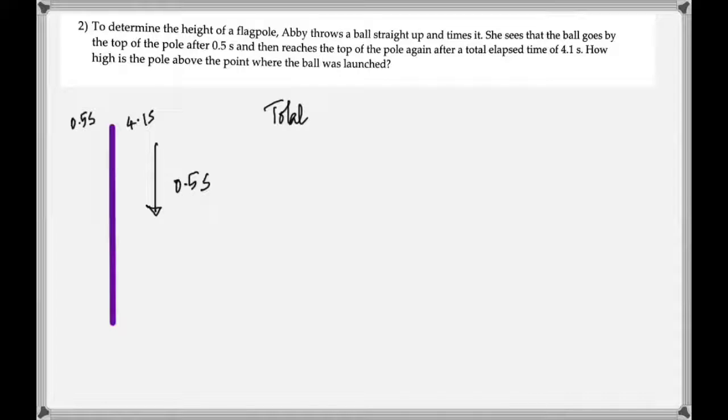And I'm sorry for that confusion. So that means the total time that the object takes is 4.6 seconds. So the total time taken is 4.6 seconds to start from the ground and come back to the ground.